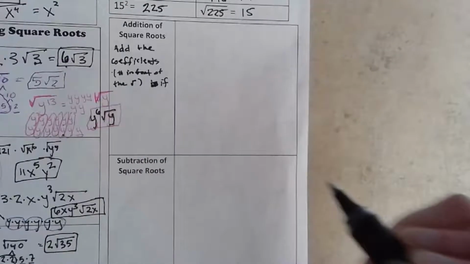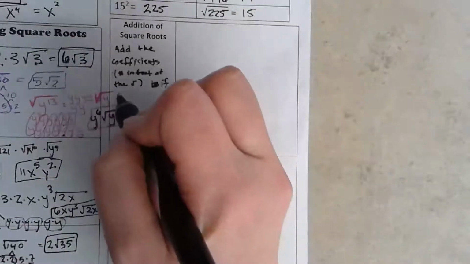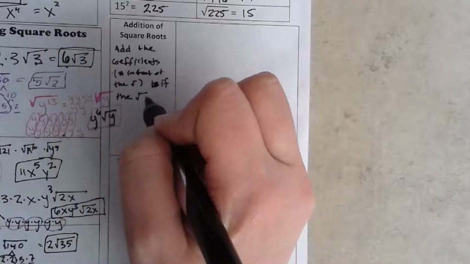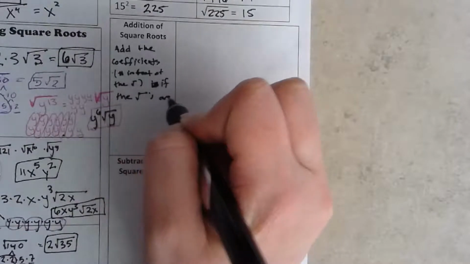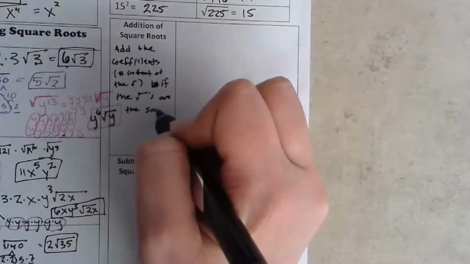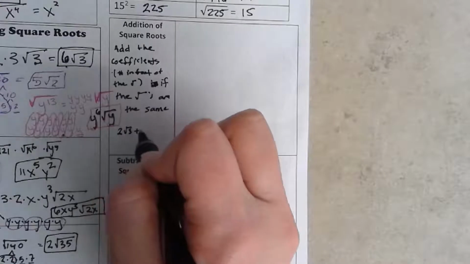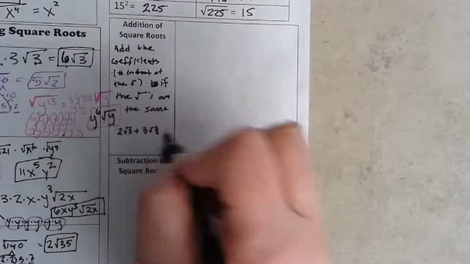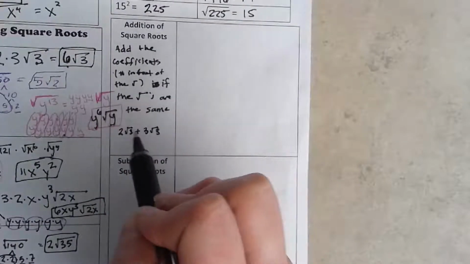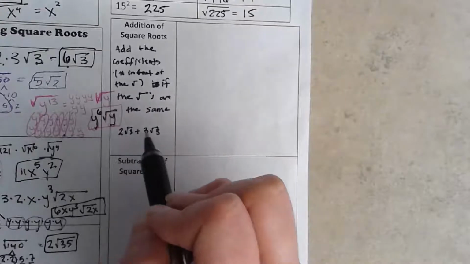if and only if the square roots are the same. So if I had 2 square root 3 plus 3 square root 3, I can add these because they're both square root 3, and I'd add the coefficients 2 and 3.